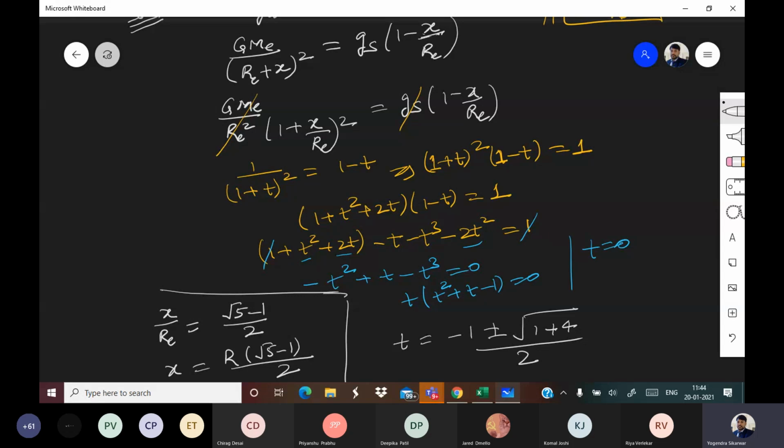There is a graph for acceleration due to gravity. Let us draw that also before concluding today's class. So please draw that graph, everyone.